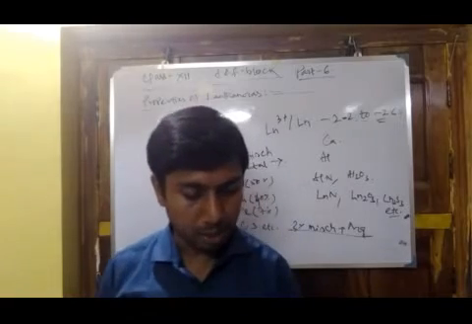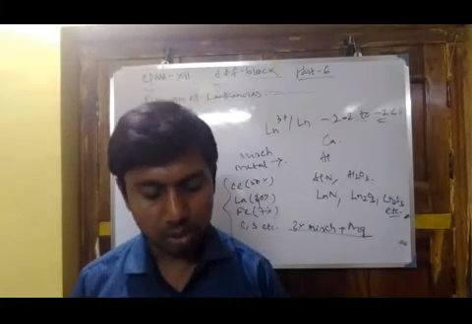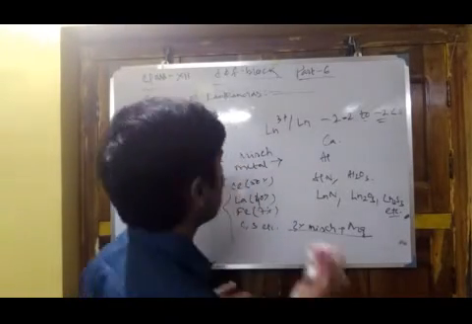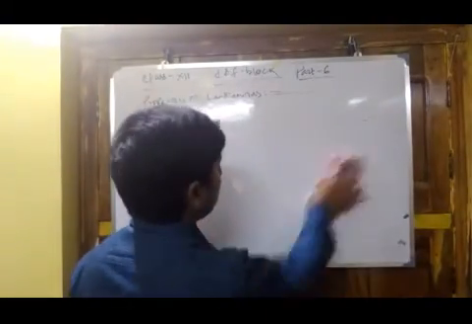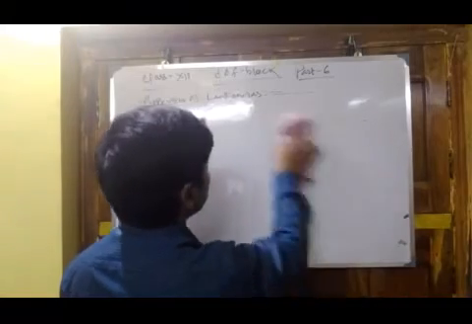Next after lanthanides comes the actinoids. We have discussed that actinoids are from atomic number 89 to 103, that is actinium to lawrencium.